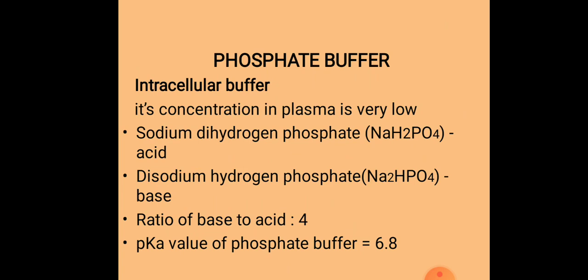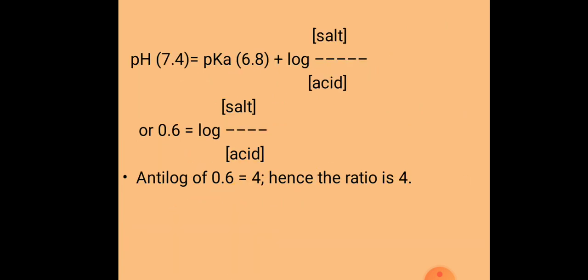The pKa value of the phosphate buffer is 6.8, fairly close to the blood pH of 7.4, so it can be an effective buffer against the acids being produced.